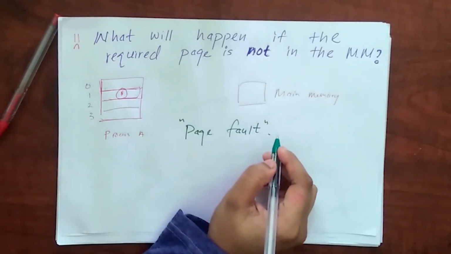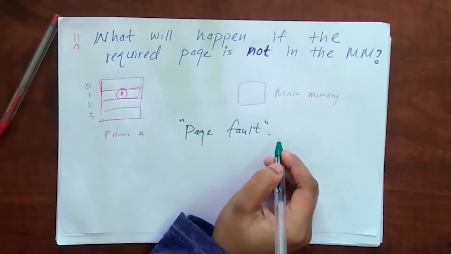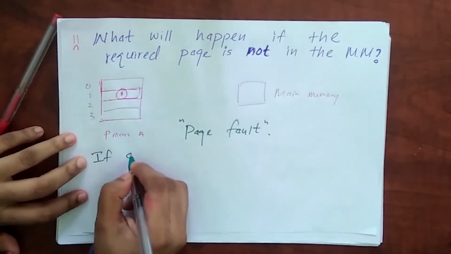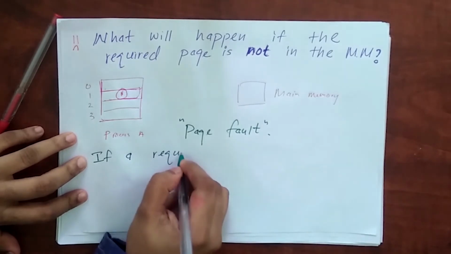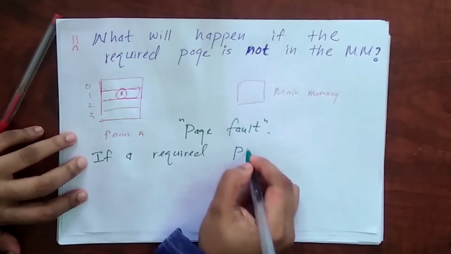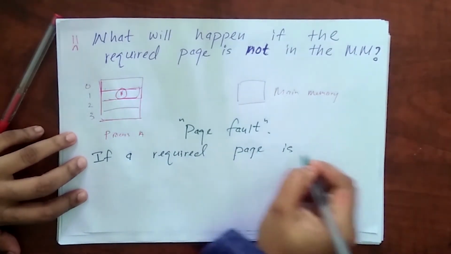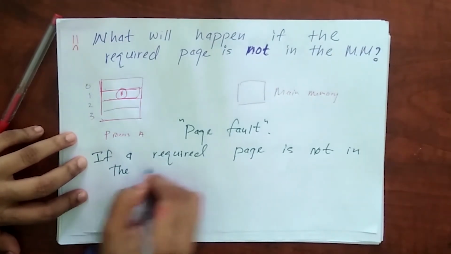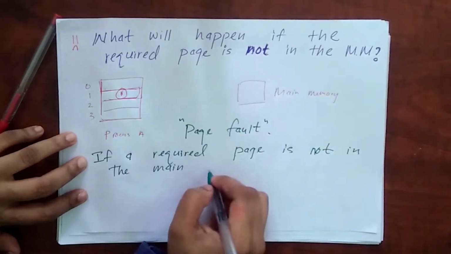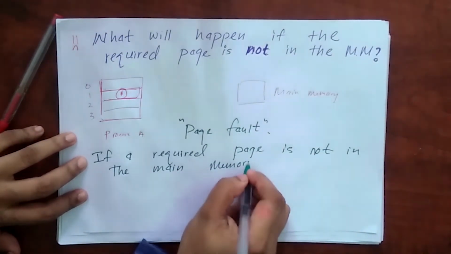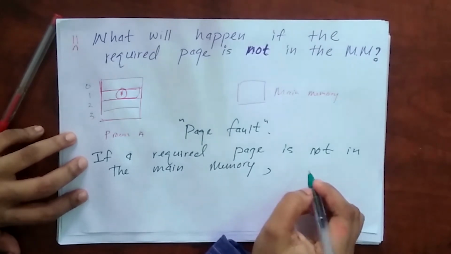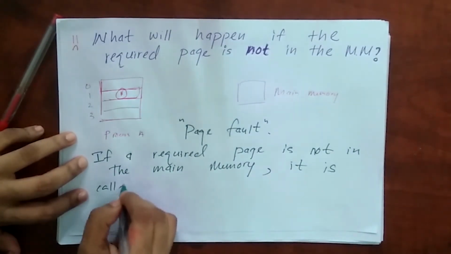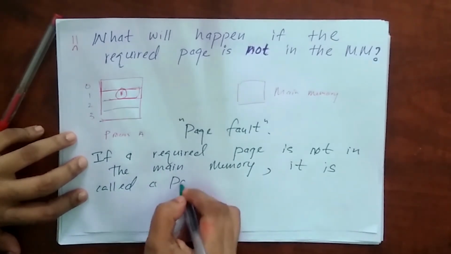So what is a page fault? A page fault is if a required page is not in the main memory, then it is called a page fault, right?